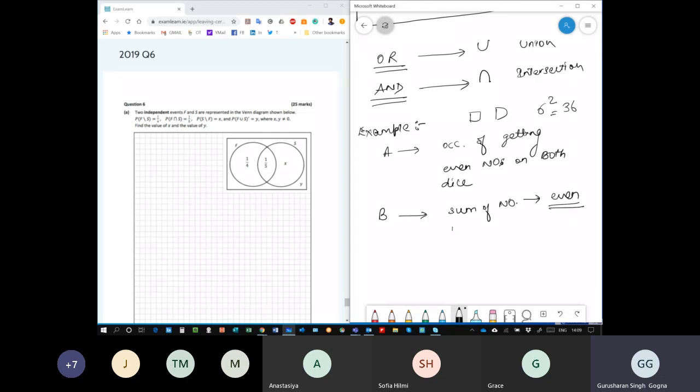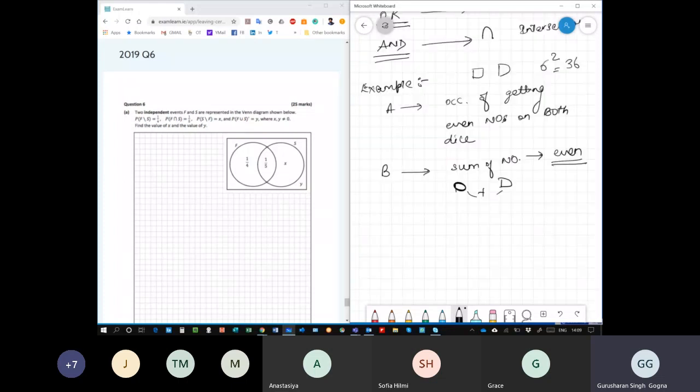So you will get one number here, one number here, and if you add both of these numbers, you should get an even number. And they're asking what is the probability of occurrence of A and B together. So what word am I using here? And. It means I need to find the probability of A intersection B.